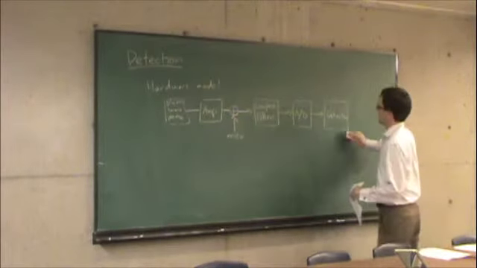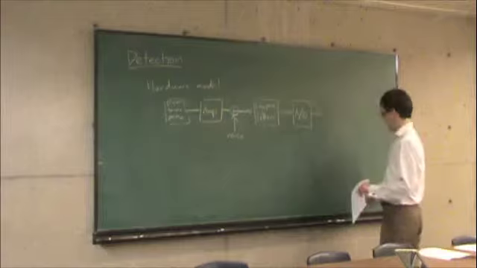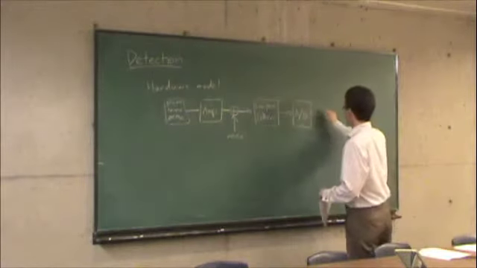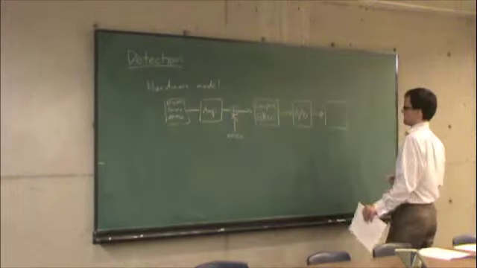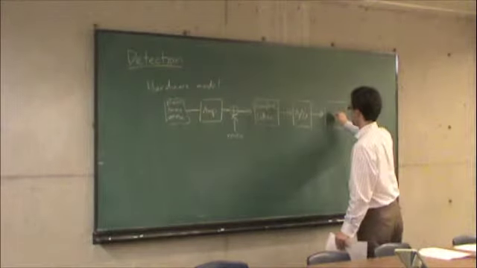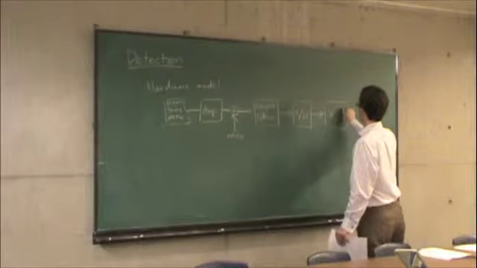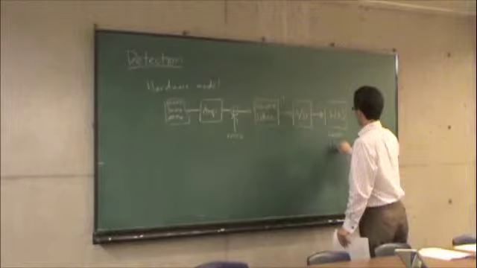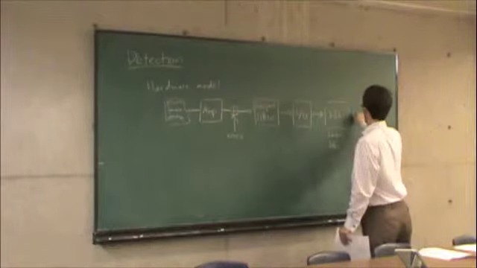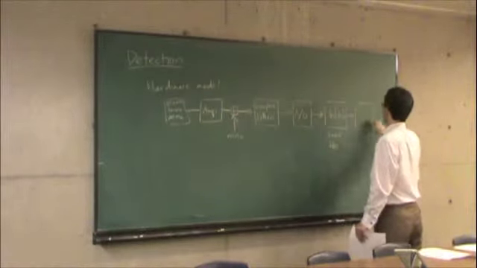Detection, actually let me elaborate on this a little bit. Detection consists of a linear filter, let's say it has impulse response h of k, and some kind of decision device.